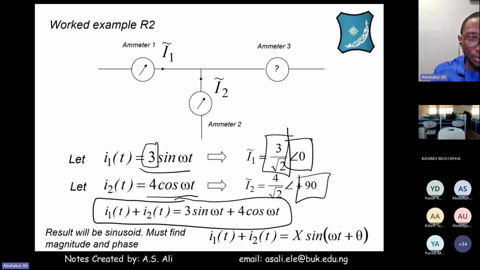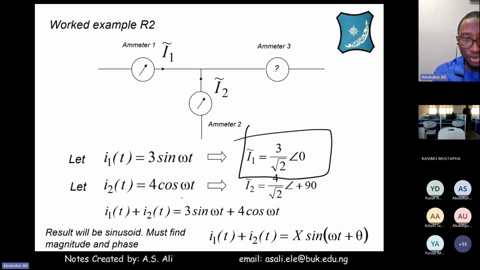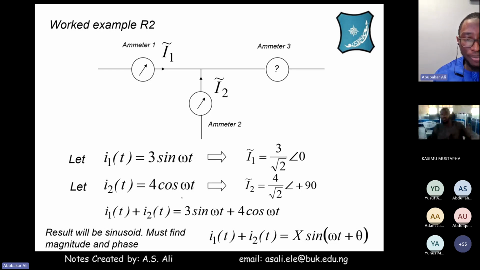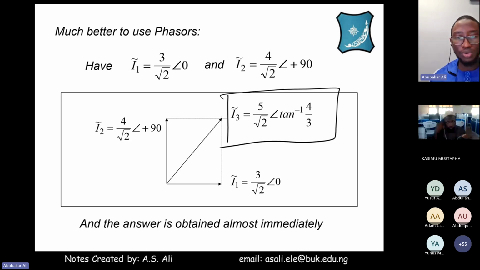For example, we know 3 sine omega t was originally 3 over root 2 angle 0, and I2 is this one. So we can just convert them to Cartesian, add them up, and in just 2 steps we will get our resultant, which is just what we finished calculating earlier.